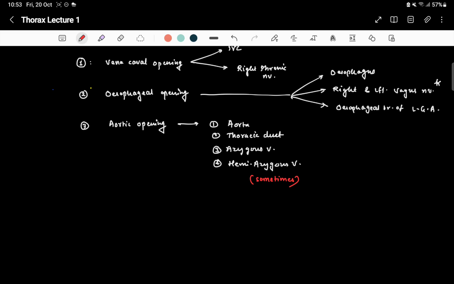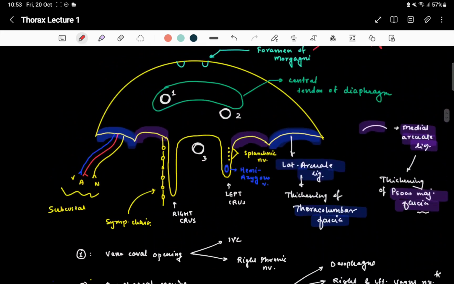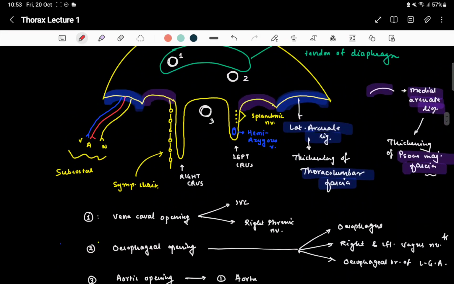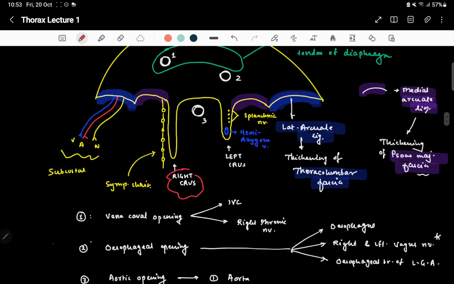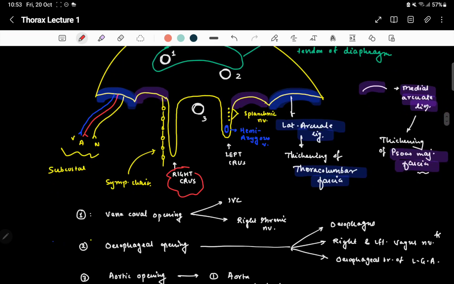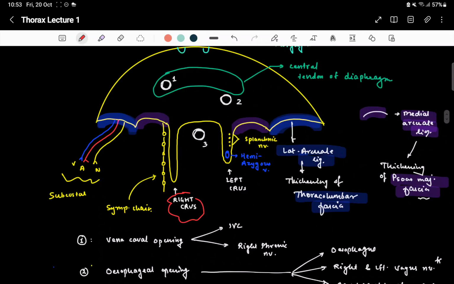So after this, okay, after this we can observe a thing that the right crus of your diaphragm is supplied by both the right and the left phrenic nerve. Okay, the left crus is only supplied by your left phrenic nerve, but your right crus is supplied by both your right as well as your left phrenic nerve.